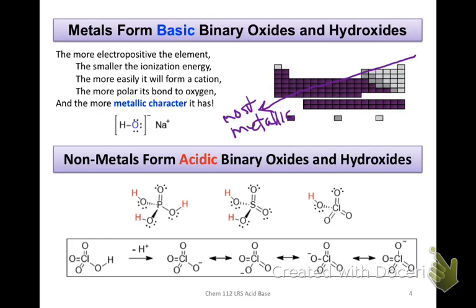Nonmetals are on the bottom half of the slide here. They form acidic oxides and hydroxides, and I've shown you the Lewis structures here. These are covalent molecular acids. The red hydrogens are the ones that are acidic, so they're being removed in solution. These are all strong acids.